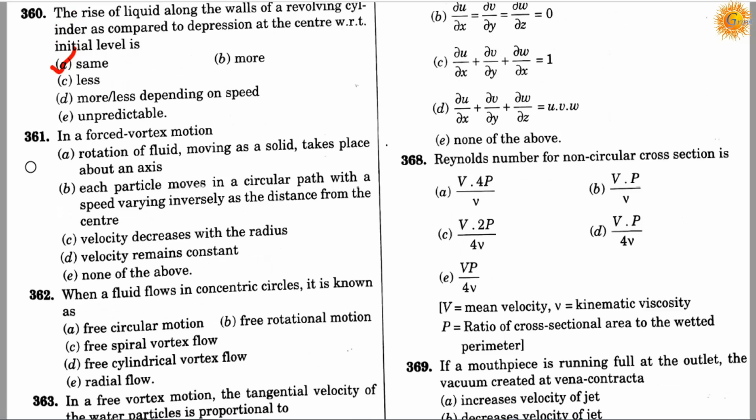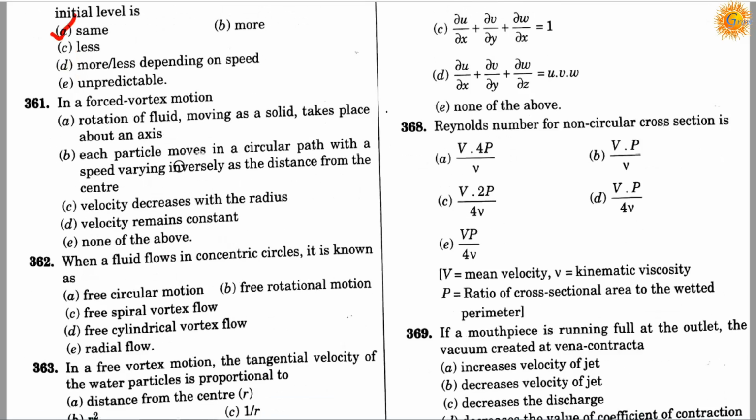Question number 361. In a forced vortex motion: option A, rotation of fluid moving as a solid takes place about an axis; option B, each particle moves in a circular path with a speed varying inversely as the distance from the center; option C, velocity decreases with the radius; option D, velocity remains constant; option E, none of the above.